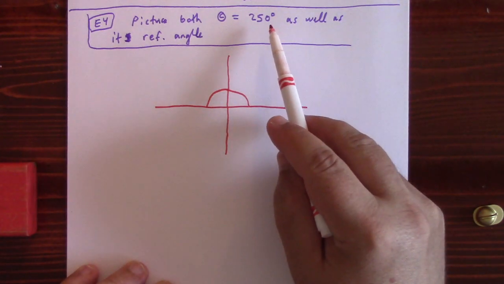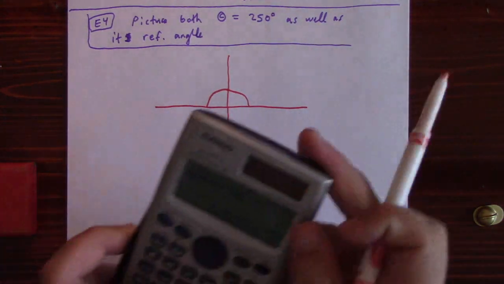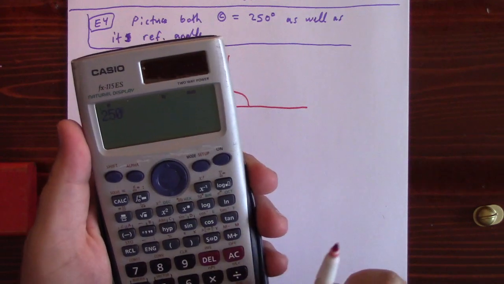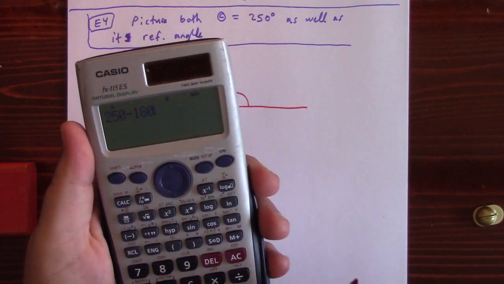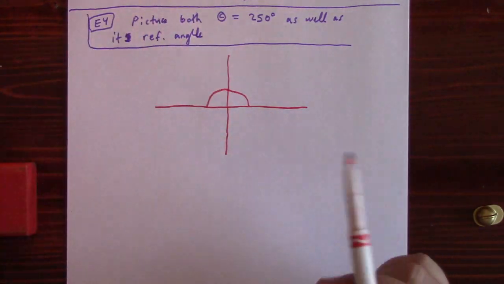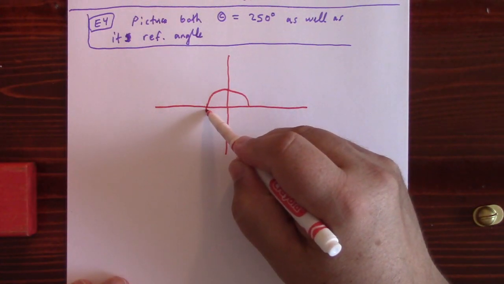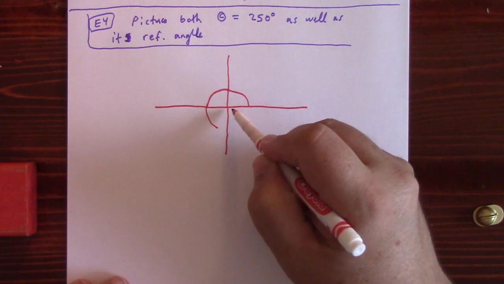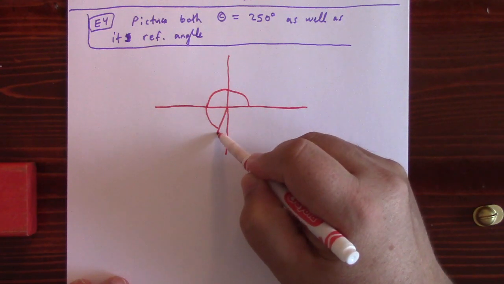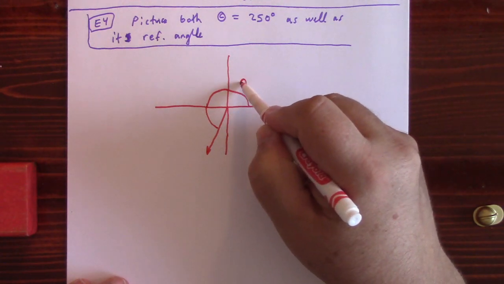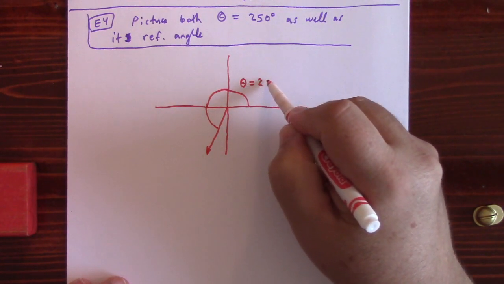So 250 minus 180, what's that? How many do I have left to go? 70 degrees left to go. So then I keep swinging down, down, down, basically like that, right? So there's my direction. Theta equal to 250 degrees.